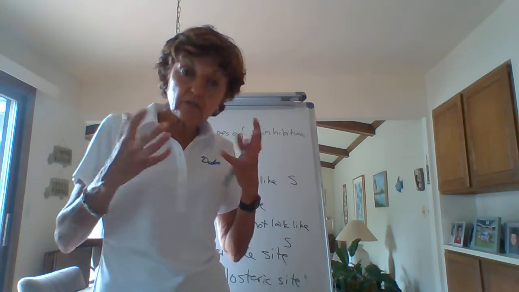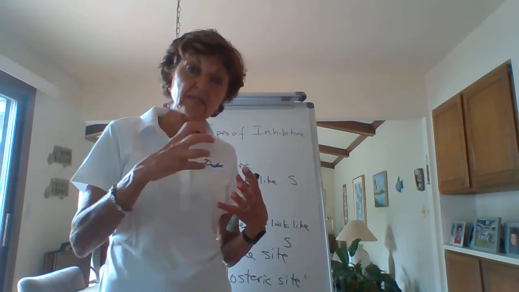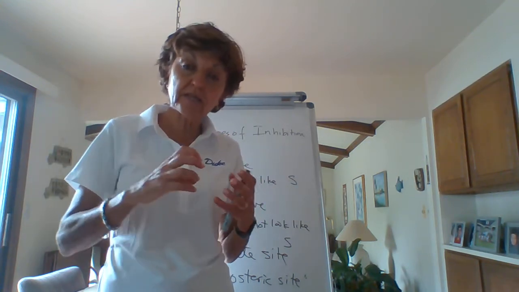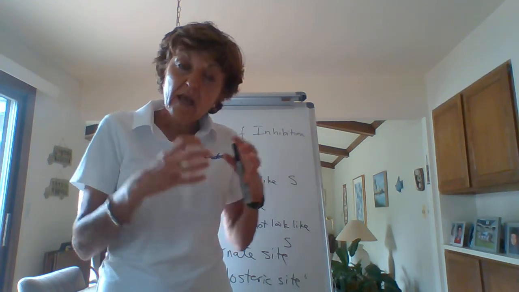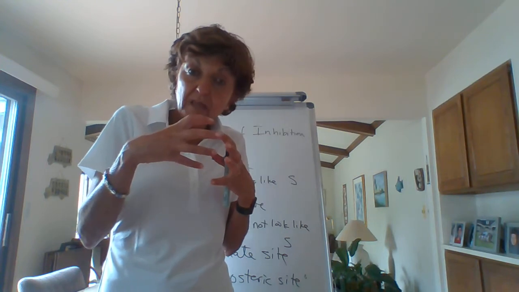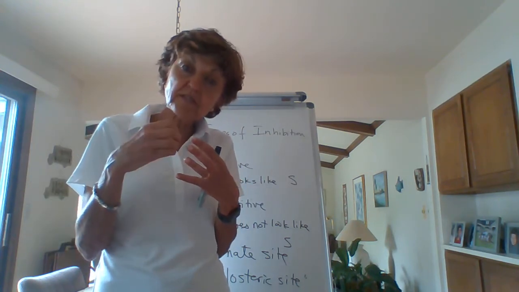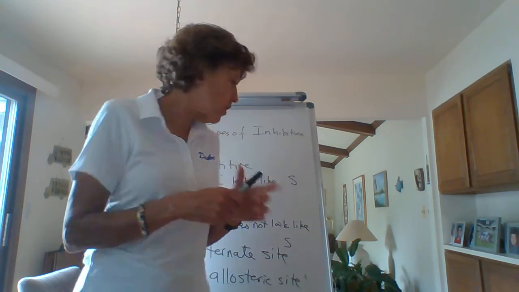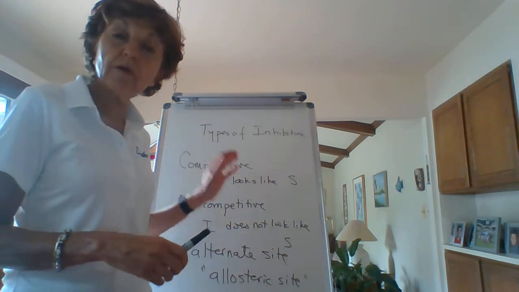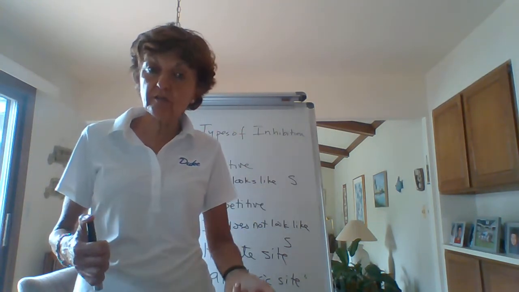Well, remember that induced fit model? When a non-competitive inhibitor binds to an alternate site on the enzyme, the enzyme changes its shape a little bit and maybe closes off the active site, or something is altered, and therefore it prevents the substrate from binding into the active site. So with a non-competitive inhibitor, the inhibitor molecule doesn't look like the substrate and binds to an alternate site.